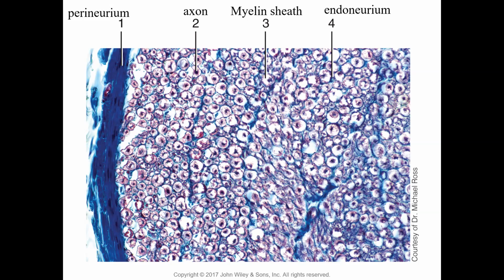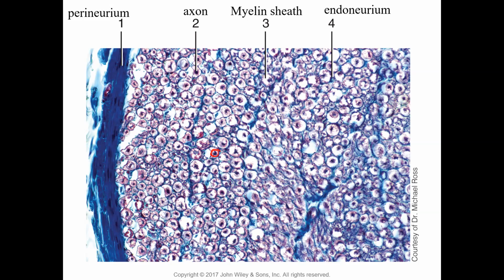So the dark purple dots that we see here, let me try and use red, I guess. So this purple dot in the center, these are your axons. The white area around them, that's the myelin sheath.